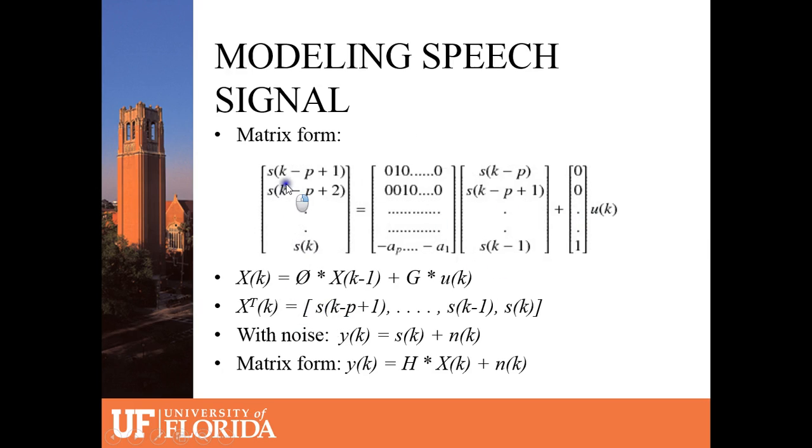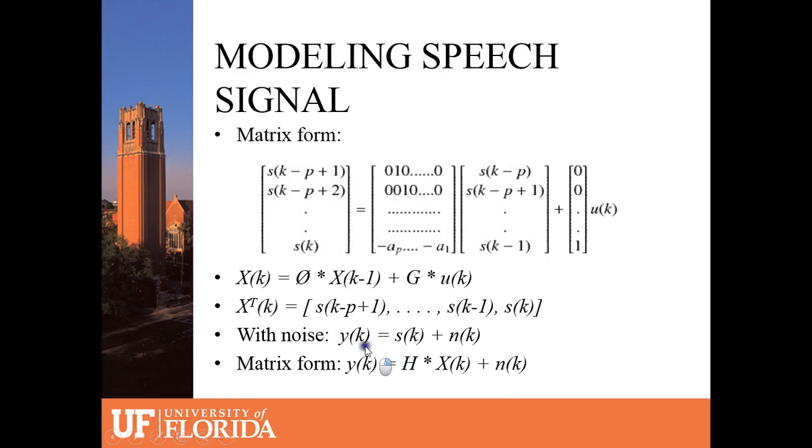And if we create a new variable, say x of k, as a vector of the speech signal at all the instances, then we get the equation over here, and this can be written as the equation shown over here. Here, this is the inputs vector, this is the state transition matrix, and this is the state vector.